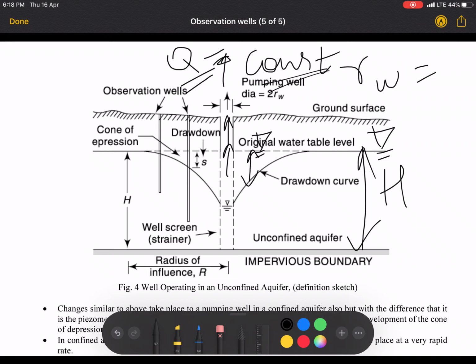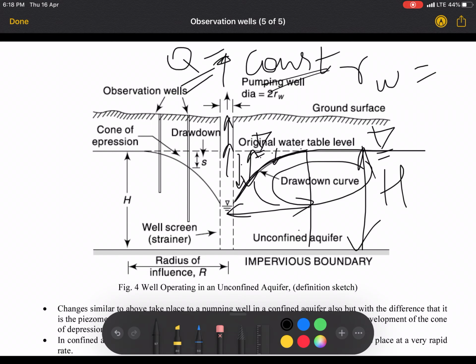If we join these various drawdowns, we get a drawdown curve. This curve will also become horizontal after some time. This distance from the center of the well is known as the radius of influence.